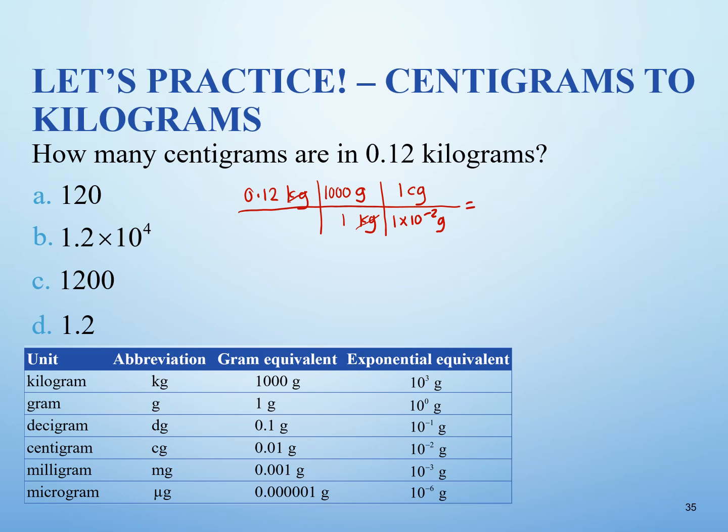And it's going to be 1.2 times 10 to the power 4 because it's 12,000 on your calculator. Okay, so we want to keep 2 sig figs here. So it's 1.2 times, see how? 1, 2, 3, 4. So it goes 10 to the power 4 because it's bigger. So our answer would be B.